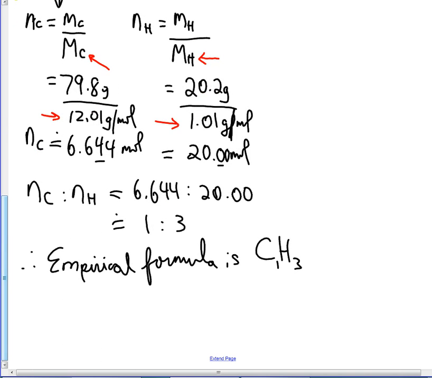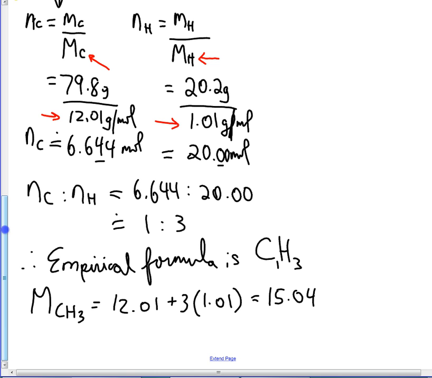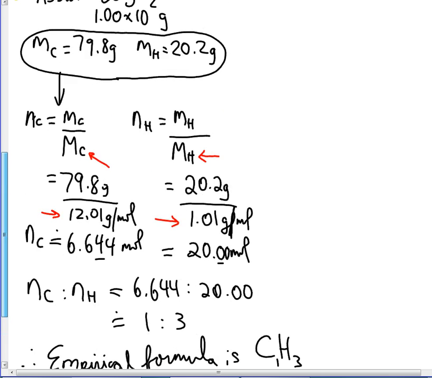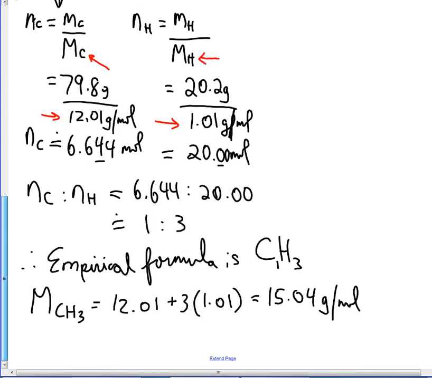Knowing that, the molar mass of CH3 would be 12.01 plus 3 multiples of 1.01, which would be 15.04. Then we're going to get grams per mole for the empirical formula of 15.04, and the actual is 30.1.